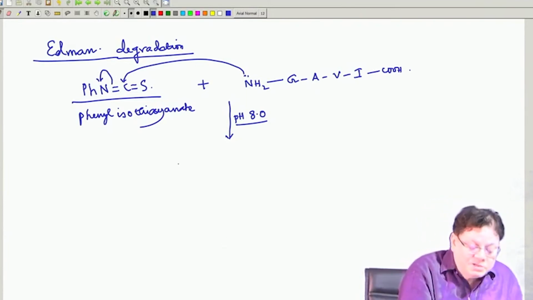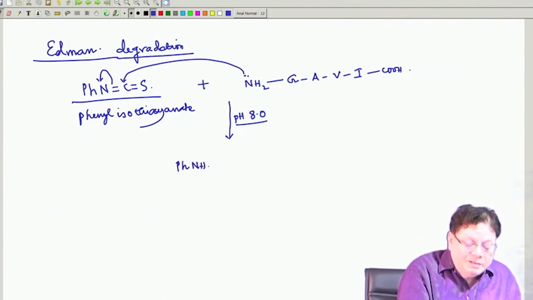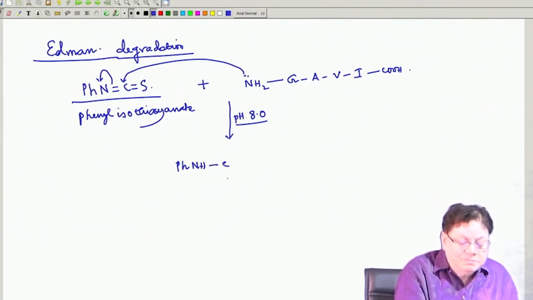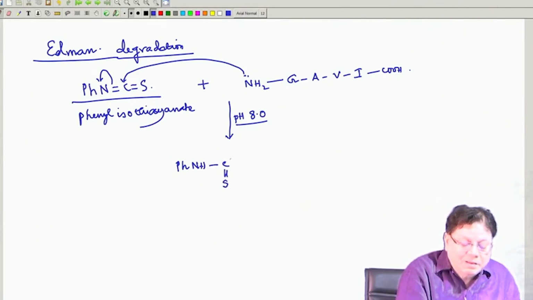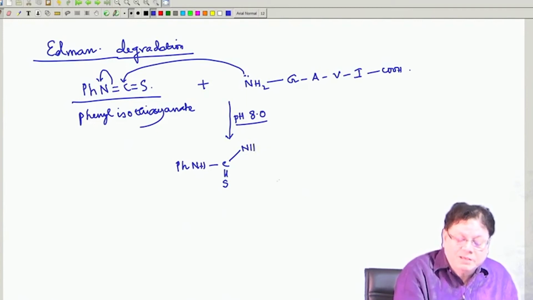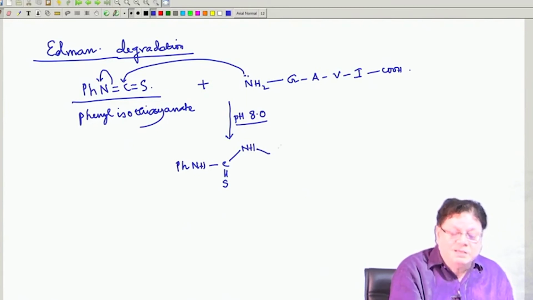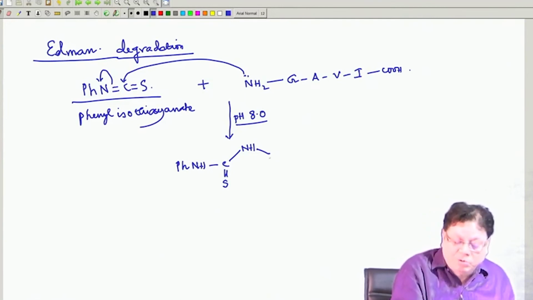So, what you will get is PhNH, then C double bond S, then you have NH, this NH is from the amino acid N terminus, and then you have glycine, take only G, and then you have alanine.